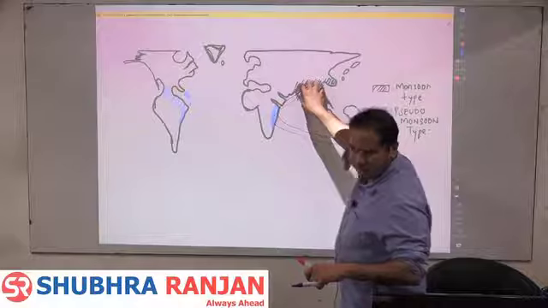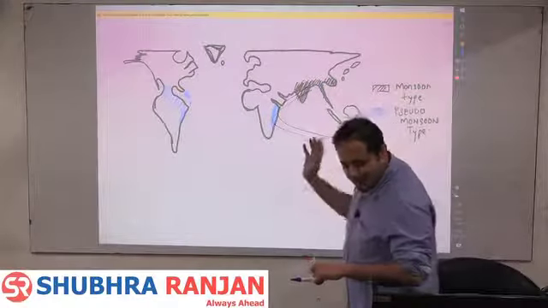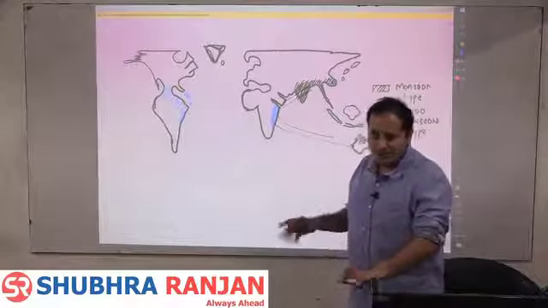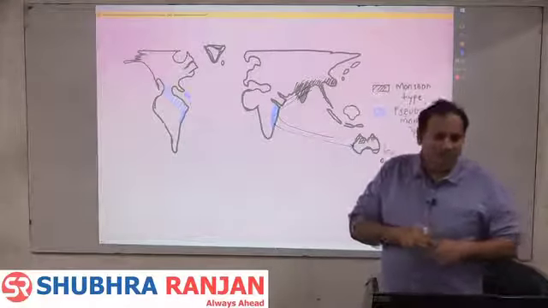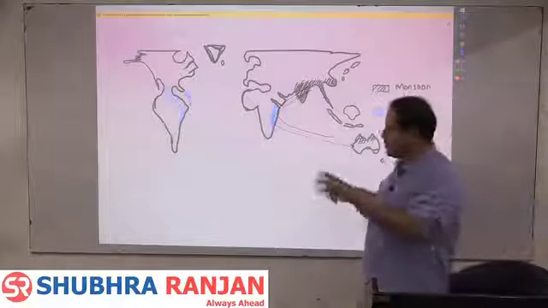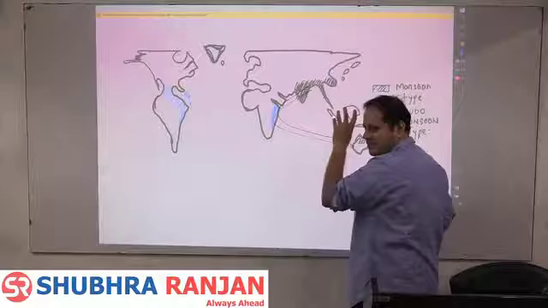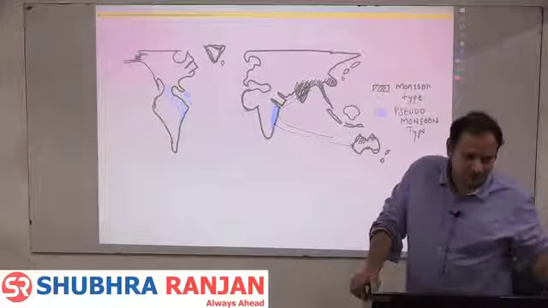This will give rainfall here, red color line. Whether the wind is going towards Australia or whether the wind is coming towards India, the Ethiopia coast is going to get the rainfall. Though it is not the place where the seasonal reversal is occurring, they are getting the rainfall due to seasonal reversal of the winds between India and Australia. So you will call such climate pseudo monsoon type of climate.